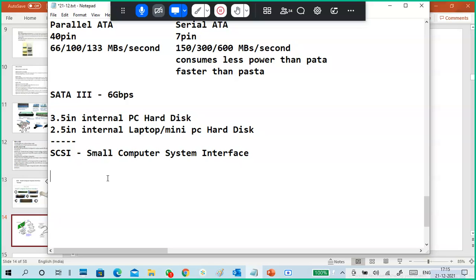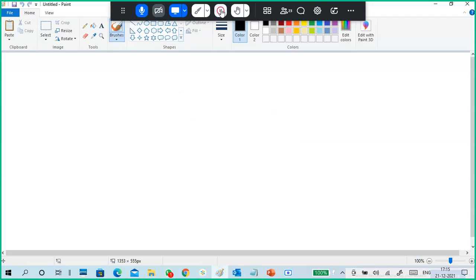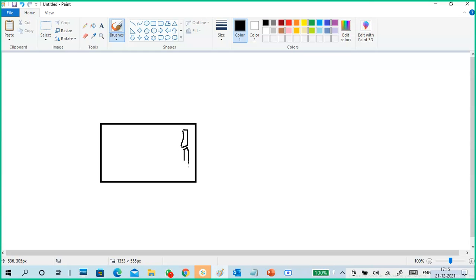So what is a Small Computer System Interface? We'll see that one. Guys, look here. It's a very small concept, so you can easily understand. This is my motherboard. Okay, whether I use a PATA connection or a SATA connection.